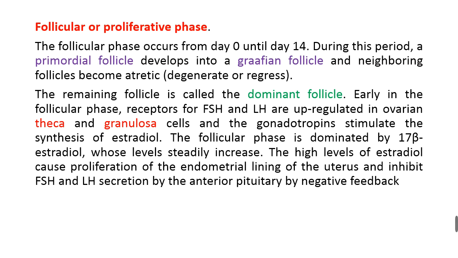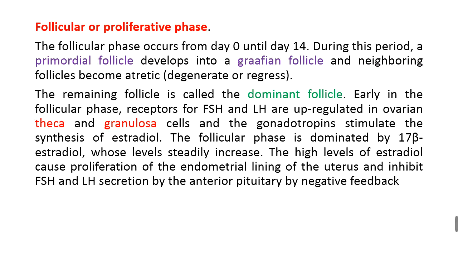First, the follicular or proliferative phase occurs from day 0 until day 14. During this period, the primordial follicle develops into a Graafian follicle, and neighboring follicles become atretic, degenerated, and the remaining follicle is called the dominant follicle.